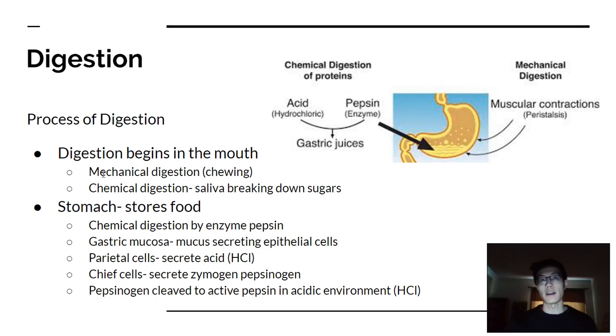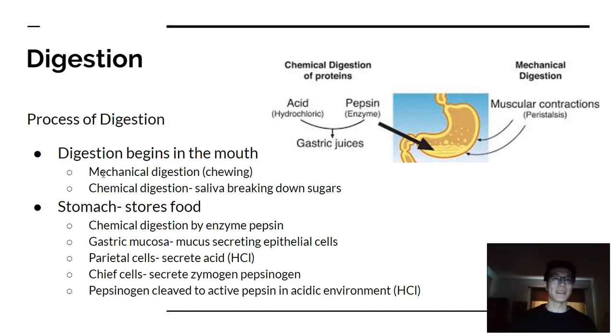But we do see a little bit of chemical digestion in the mouth, more specifically with sugar. We have certain enzymes in our mouths, for instance in saliva, such as salivary amylase, that will break down polysaccharides into smaller, at least disaccharide units. We're not really going to break the polysaccharides in our mouths down to monosaccharide units.